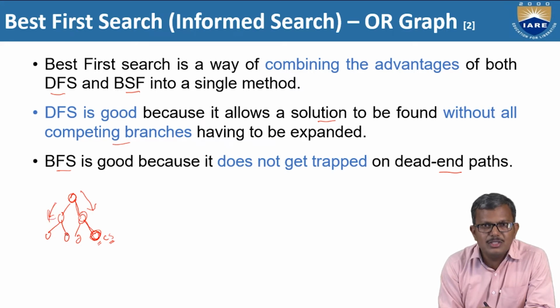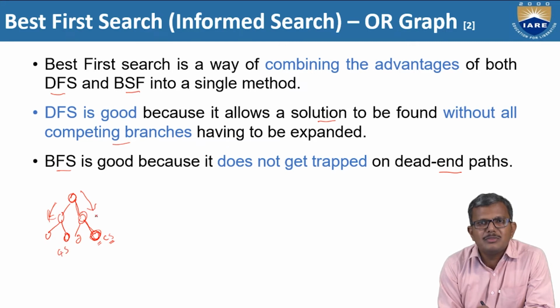For example, if this is your goal state, and you are taking the help of depth first search, you move to the dead end state, but this dead end state is not your goal state. So the best first search takes the help of breadth first search, and it observes the other branch of the tree. When that happens, automatically we move towards the goal state.